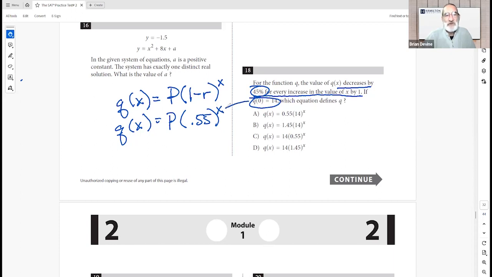And when x equals 0, this thing equals 1. So this thing must be 14. So putting that all together, q of x must be 14 times 0.55 to the x, which is C.